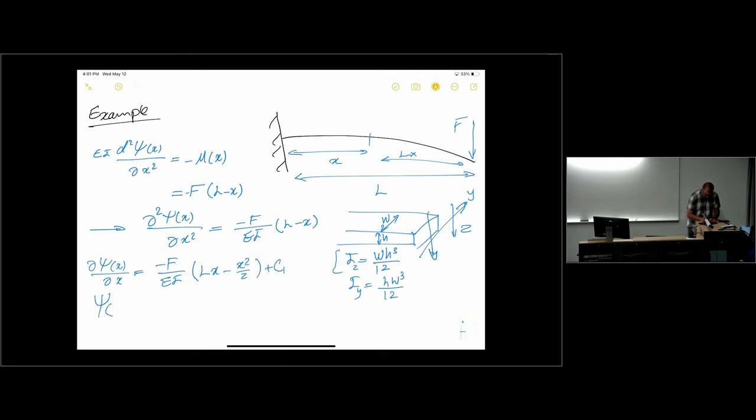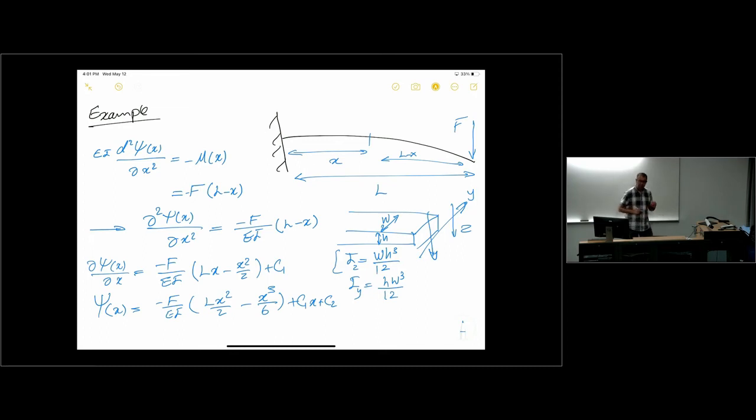Then integrate one more time, and I have minus F over EI times (Lx squared over 2 minus x cubed over 6) plus C1 x plus some C2, right? And then C1 and C2 I have to find from boundary conditions.